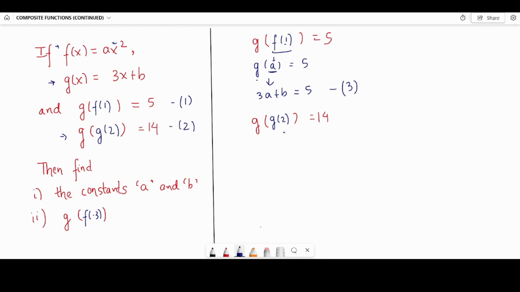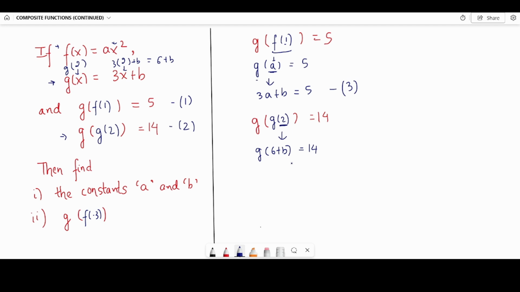So now to find the value of g of 2 where the input is 2, we will replace x with 2 everywhere. That means we will get g of 2 equals 3 times 2 plus b. That is equal to 6 plus b. So in place of g of 2, I can write g of 6 plus b. That is equal to 40.